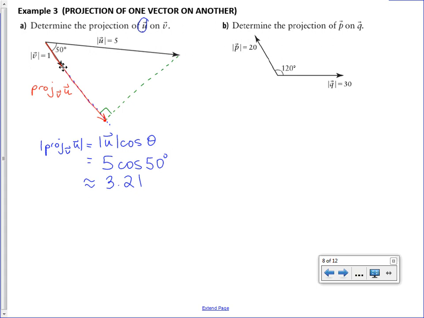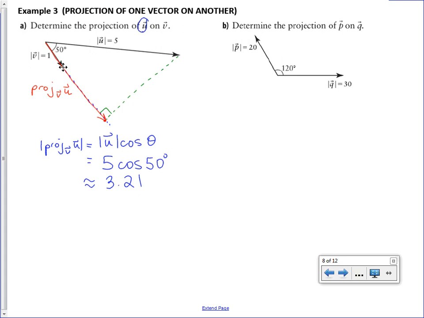Well, in this case, if I want to know this red vector, one nice thing about this case is the length of vector V is 1 unit long. Is it a pure scalar multiple then? If I have a 1 unit long vector V, and I want my vector to be 3.21 units long in the same direction as vector V, then don't I just have to multiply vector V by 3.21 and ta-da, I got it, right?